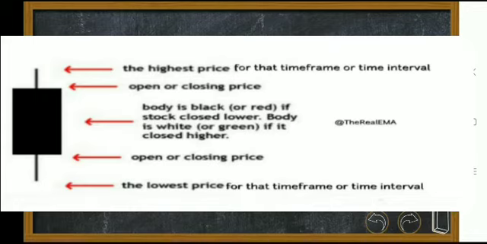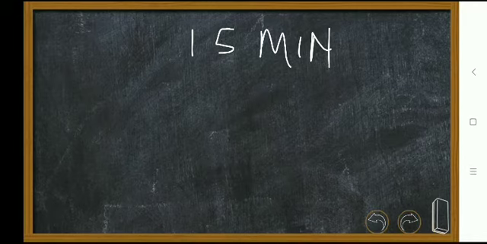Let's just take a 15 minute time frame: we will have a candle forming every 15 minutes. That means a candle will form and then close in that interval of 15 minutes. I hope this makes sense.